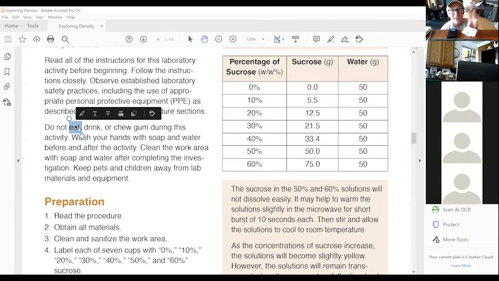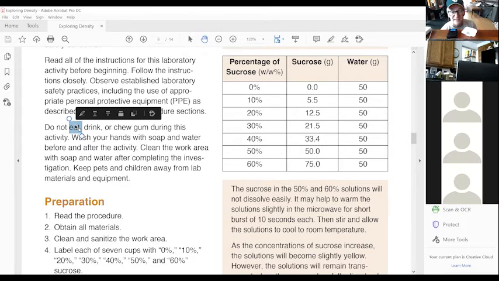So we want to have basically one variable. When we plot our volume versus our mass, we want the only variable to be the percentage of sucrose. That's the only variable we want. If we introduce another one, then we're going to see a whole lot of scatter in our data and a lot more error. This is a way of eliminating as much error as possible.